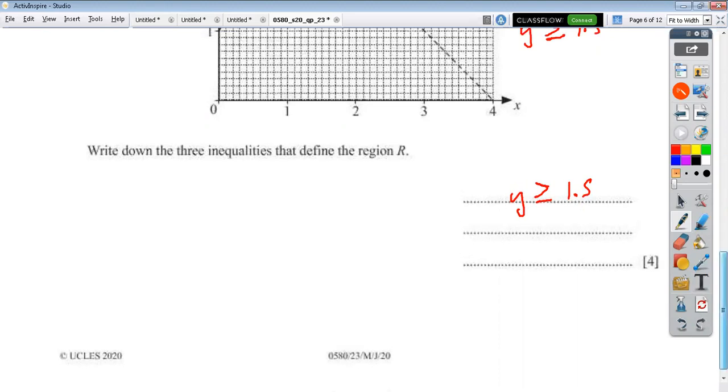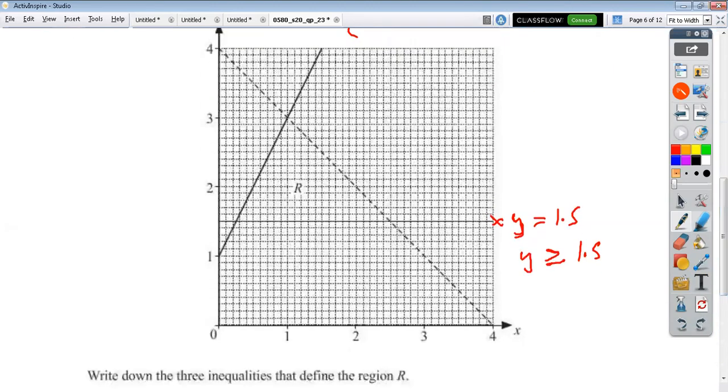Let's pick out this line here, which is dotted. An equation of a line is y is equal to mx plus c. We know c straight away, c is where the line cuts. So it means y is equal to mx plus 4. Now this is the gradient. Can you pick 2 points on the line?